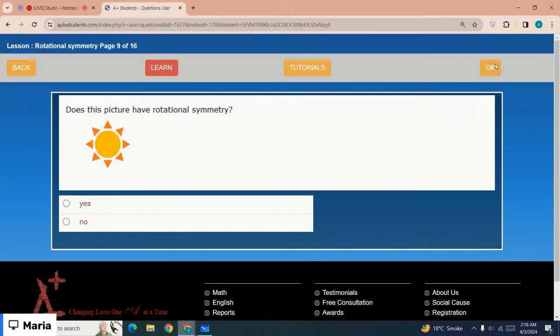Does this picture have a rotational symmetry? The correct option is yes, right?